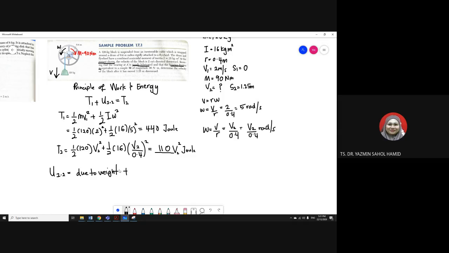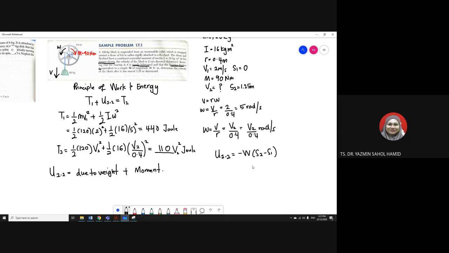Due to the bearing friction couple moment M. Something I want to highlight here: due to weight, what is the formula? Negative W times S2 minus S1.